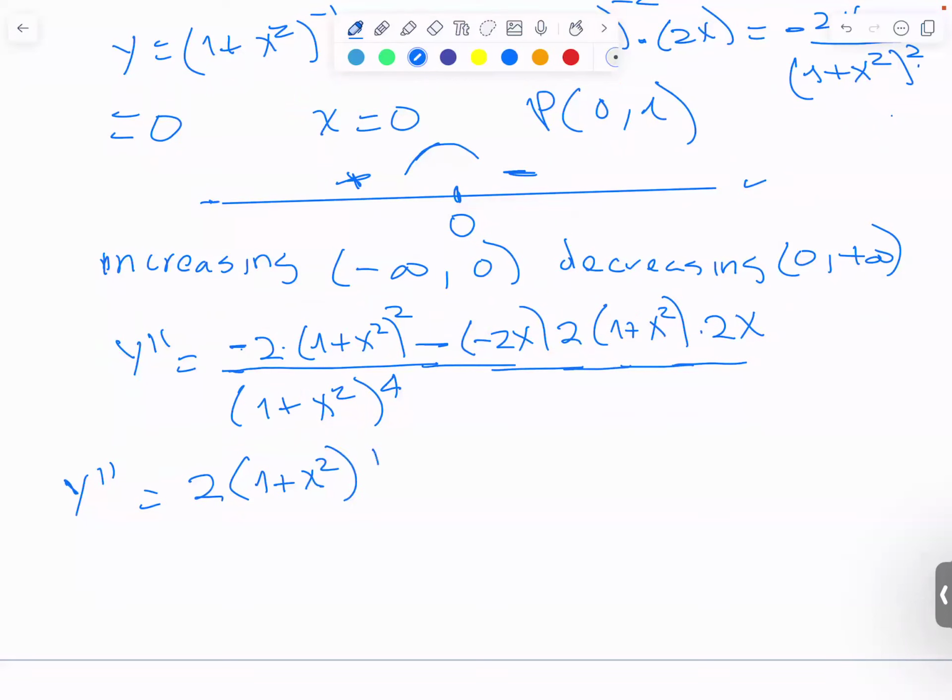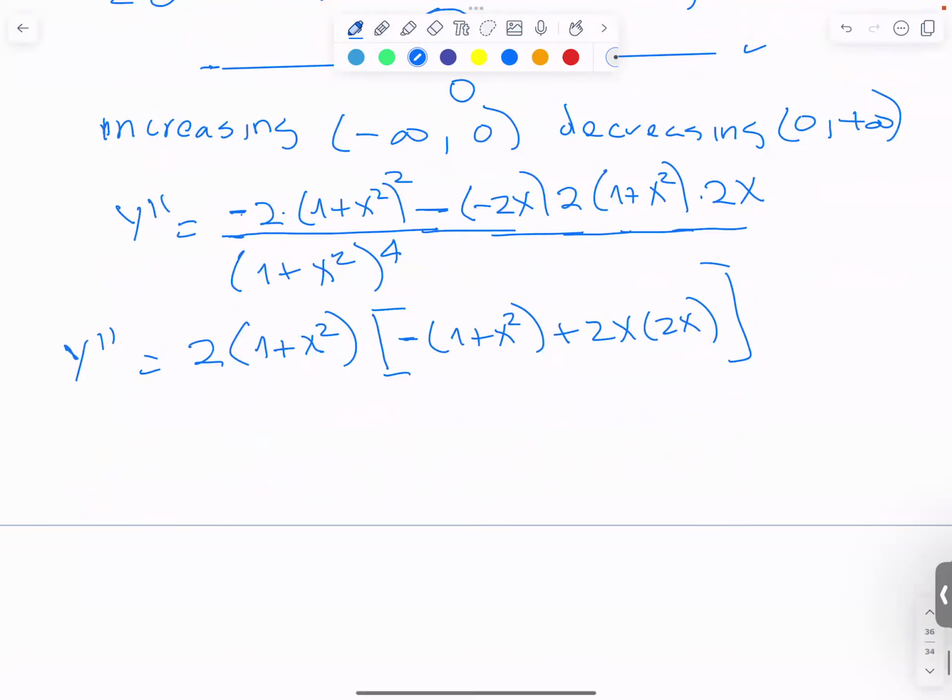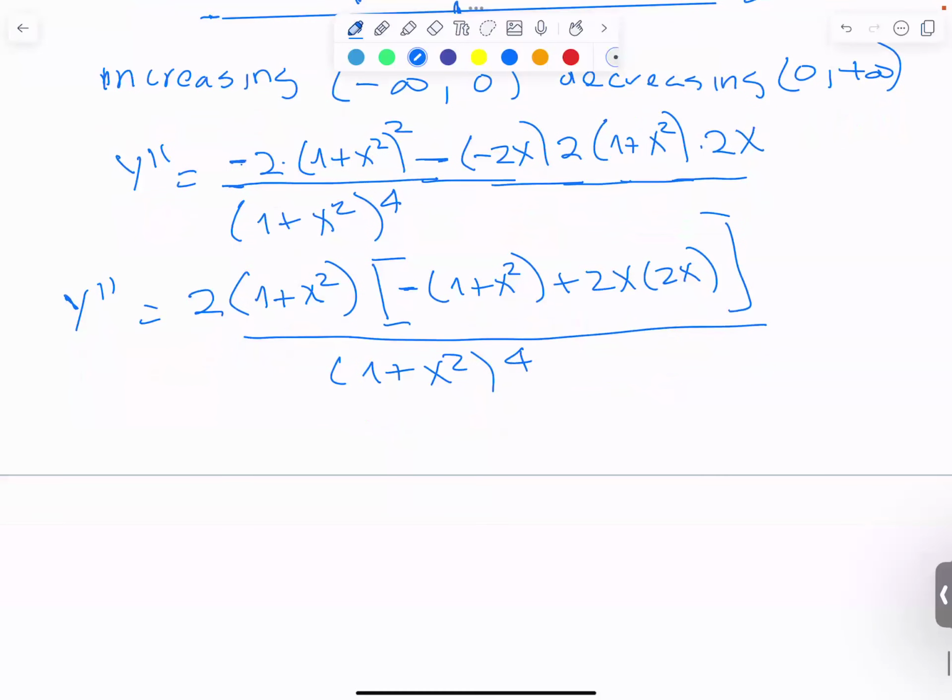In the first part I get negative (1 plus x squared), and negative times negative is positive 2x, the 2 is out, times another 2x. Let's see if I did it right, over the same thing, (1 plus x squared) to the 4th power.